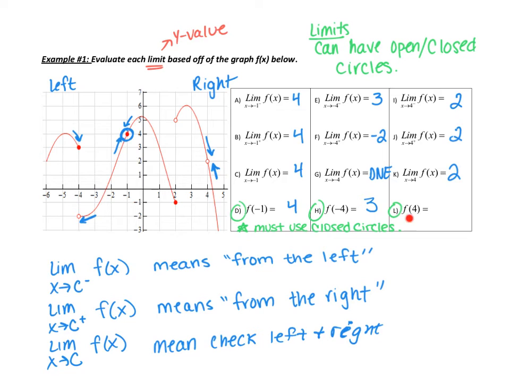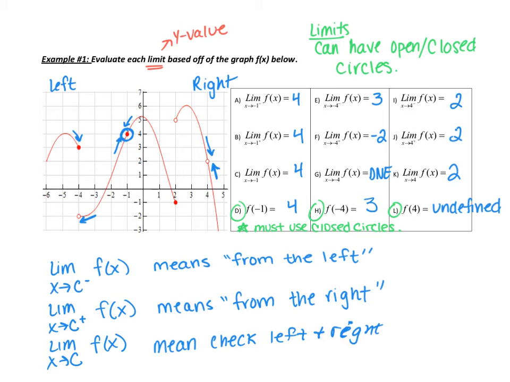And this is where it gets a little tricky. If I want to find f of 4, I look at the x value of 4 and I look up to find a y value, but I must be looking for a closed circle. So since there are no closed circles, then it doesn't technically exist, and we have to write undefined.